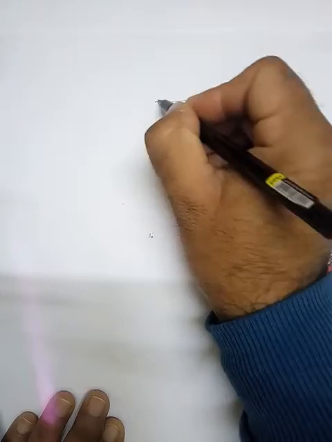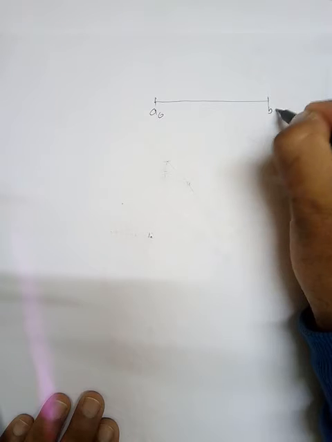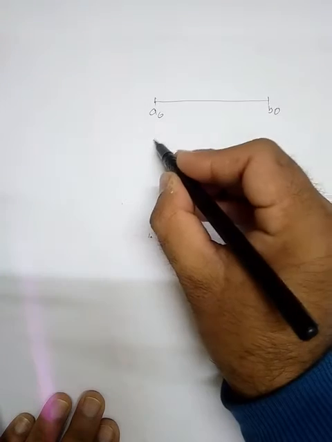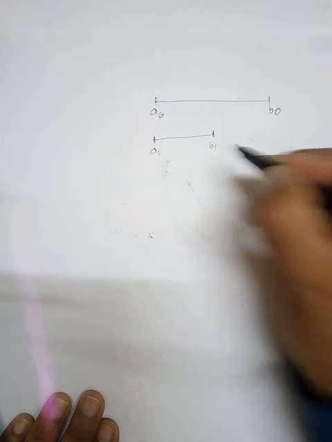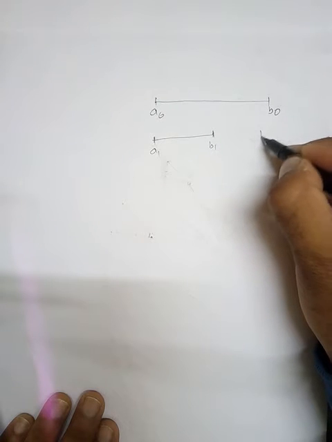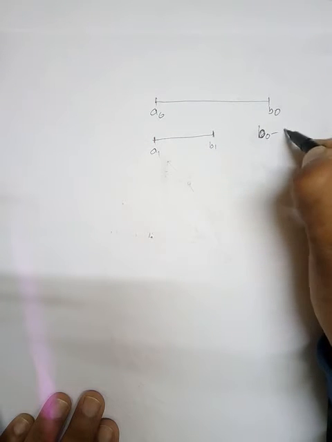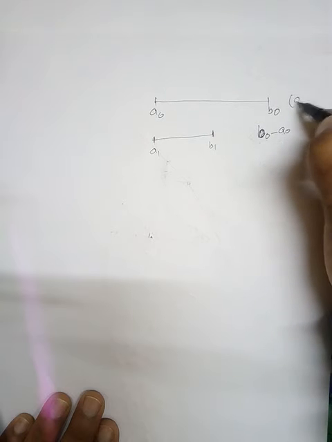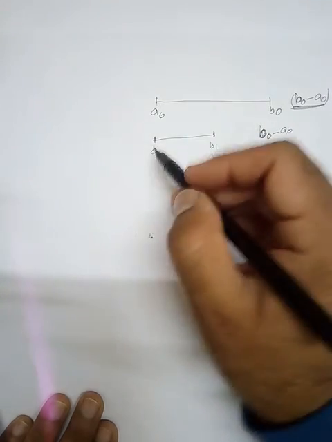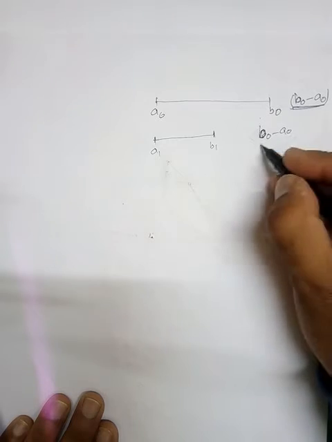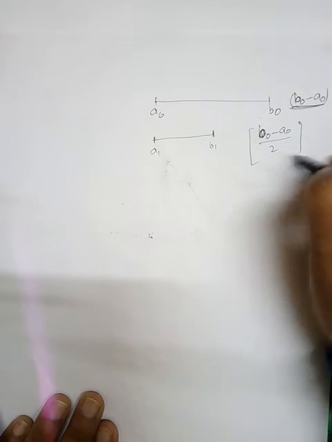Initially we have the interval a naught b naught, and its length is b naught minus a naught. After one iteration, say we have the interval a1 b1. What is the length of this interval? The length of the previous interval divided by 2.